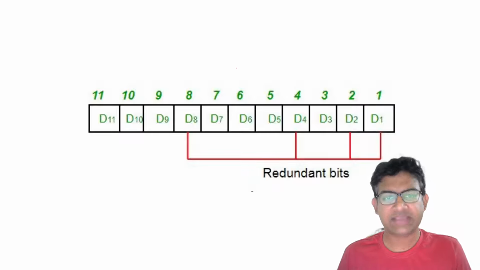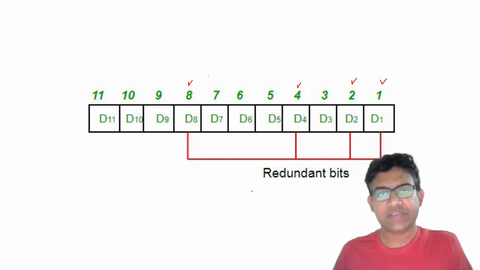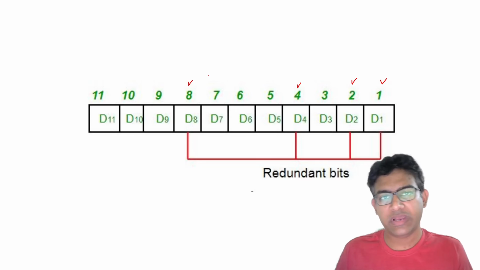For example, if you take 7 bits, and as we saw in the previous slide that we need 4 redundant bits to be able to detect a single bit error, those 4 extra bits will be placed at these locations, and these are all power of 2 locations. So you took 7 data bits and 4 redundant extra bits.